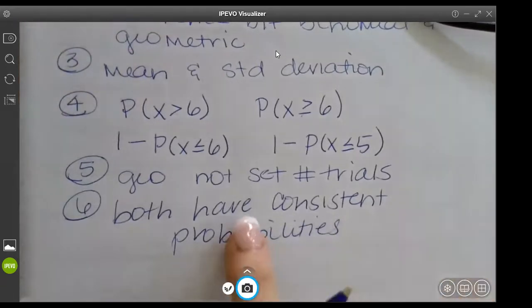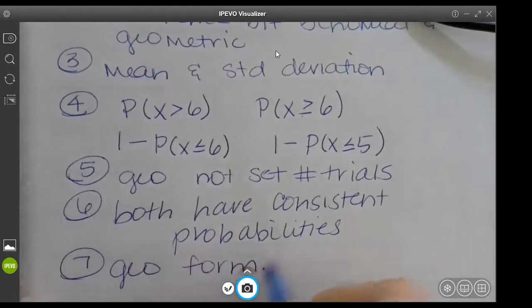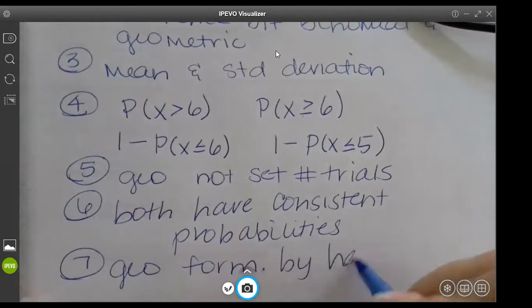So when this comes in, there's one that asks about what makes it geometric or something. And it said something about not having a consistent probability. Geometric has to have a consistent probability, okay? Know the geometric formula by hand. And both of those are on this sheet.